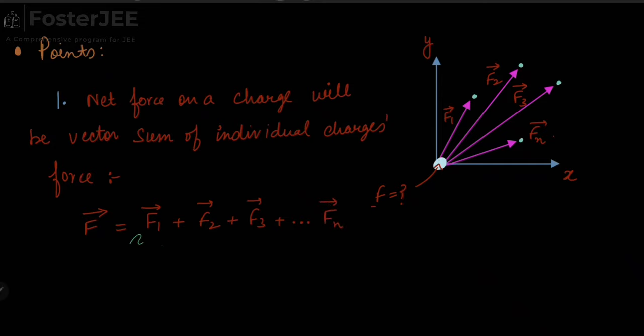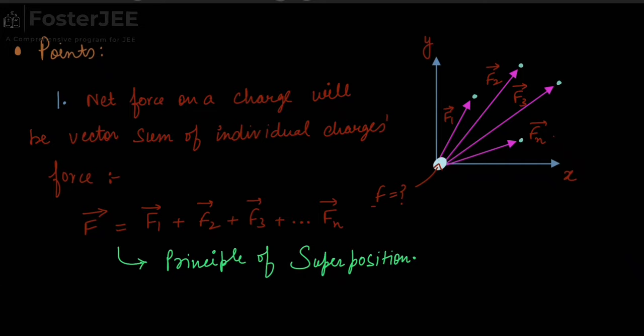Now, this particular statement is called the principle of superposition. That means if a number of charges are present, then to find the net force on a particular charge, we will just add the individual forces vectorially and we'll get the result.